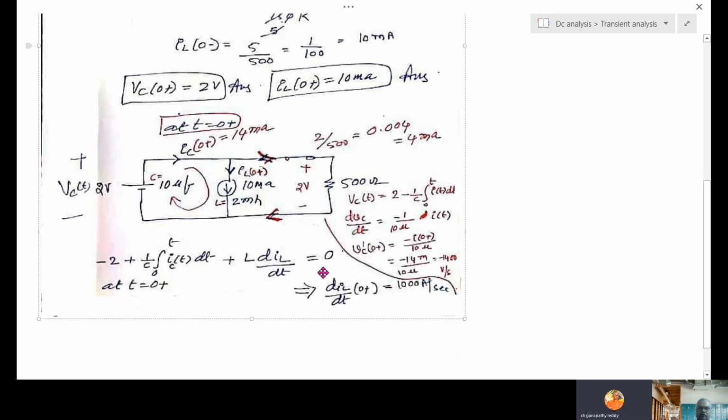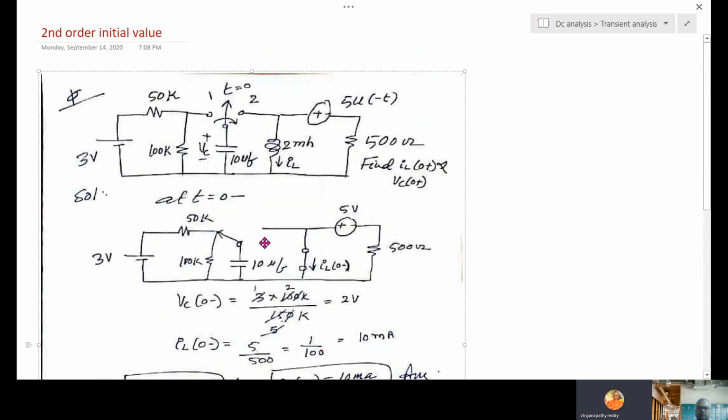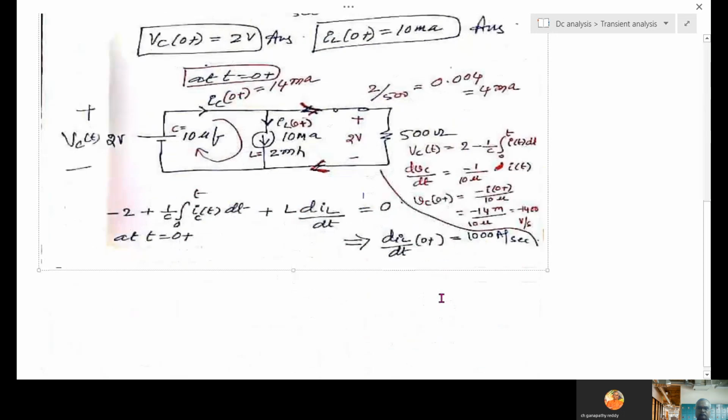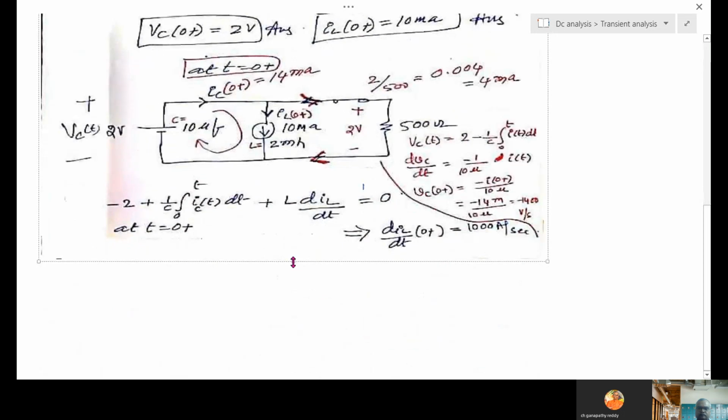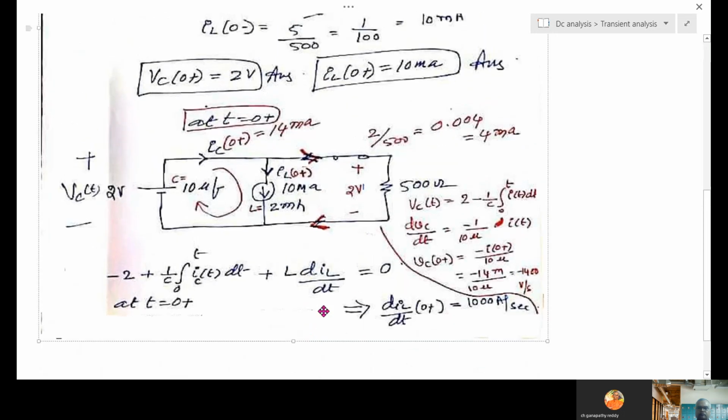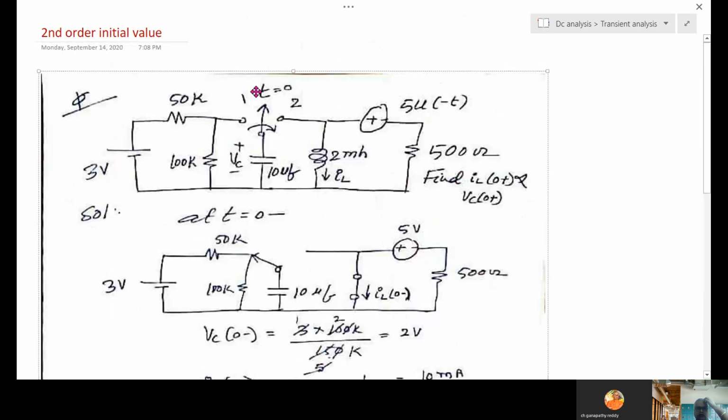This problem also solved. Simple only. So just let me go through a little bit fast.